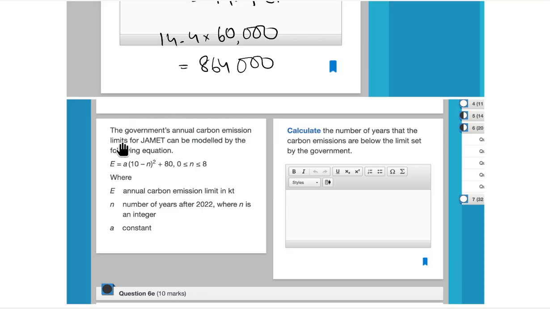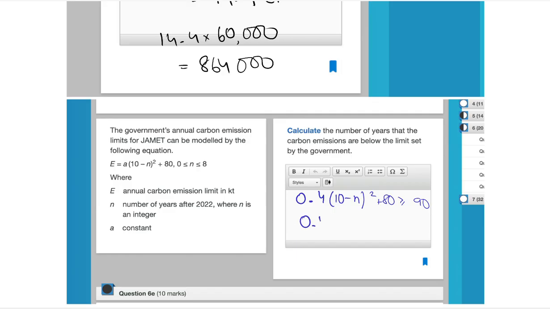Now the minimum possible value of emissions we know should be reduced to 90 kilotons as shown in the graph, right? So I can say that this entire inequality, 0.4 into (10 minus n) whole square plus 80, should be less than or equal to 90.